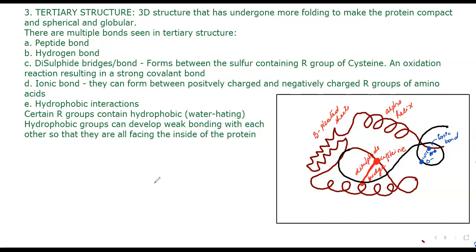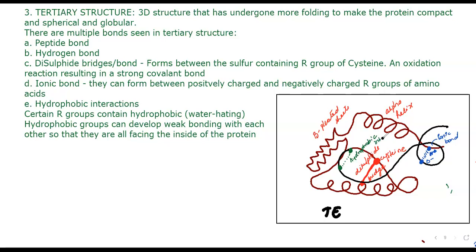So for example, if I have a hydrophobic amino acid over here and over here, they can develop interactions with each other in such a way that they are towards the inside of the protein and not towards the outside. So these are all the different types of interactions or bonding that you're going to see. The overall result is that at the very end, I have my tertiary structure.